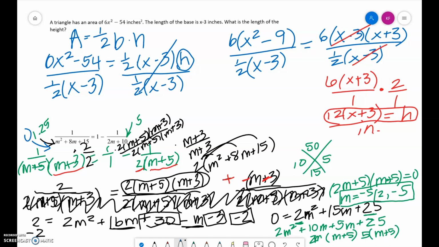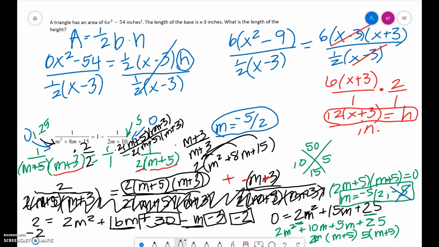You also get 0 over here when you sub in negative 5. And so this one needs to be excluded, and our final answer to this second question solving is just m equals negative 5 halves.